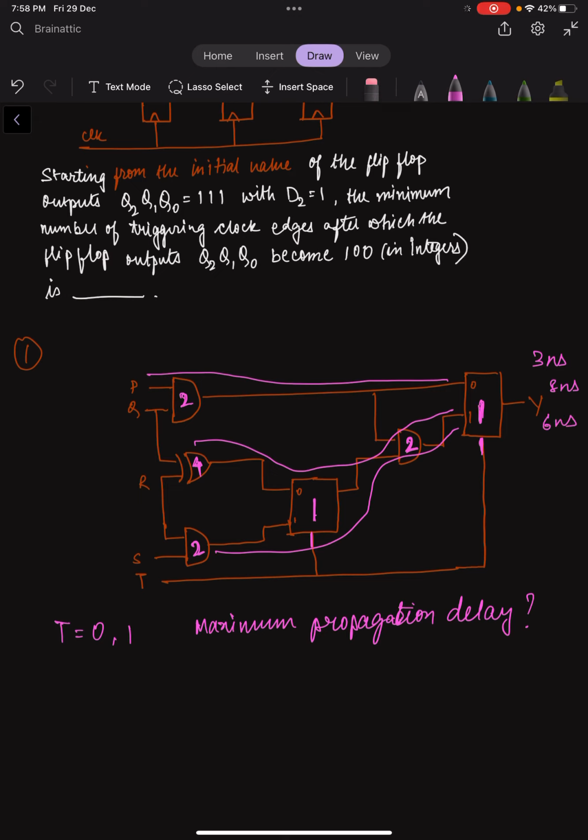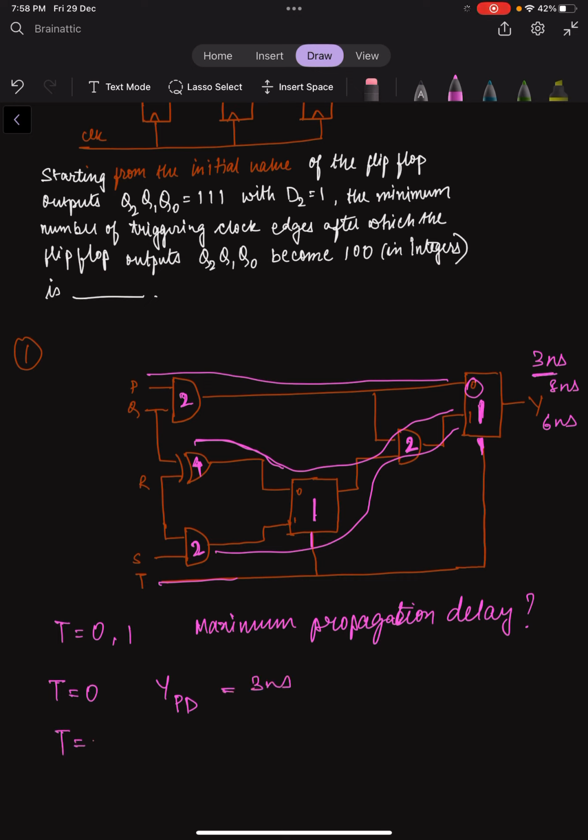Now, when the t value is equal to 0, the output y will appear with a propagation delay of, at the final mux, this 0 input is taken. So your output will appear at 3 nanoseconds.